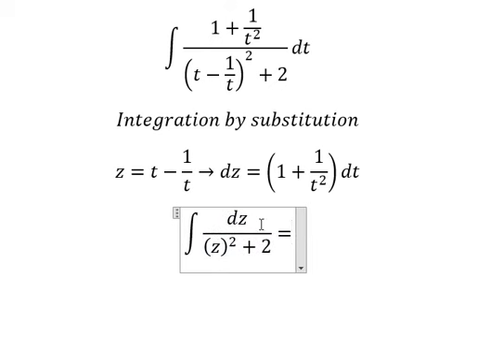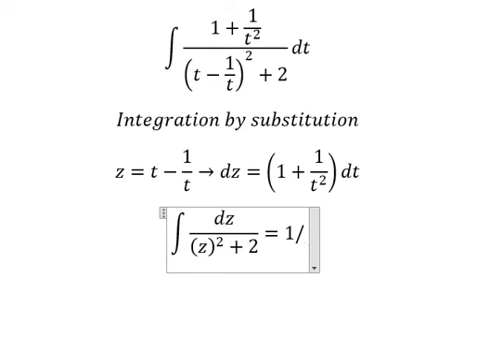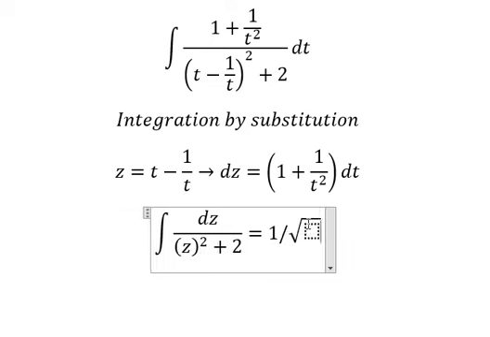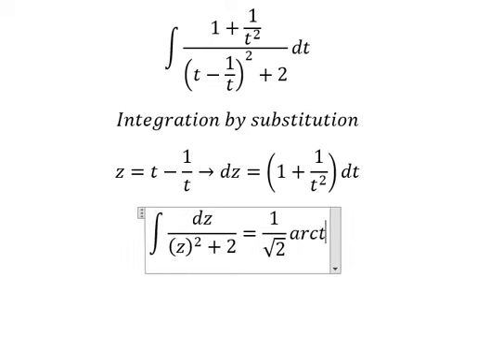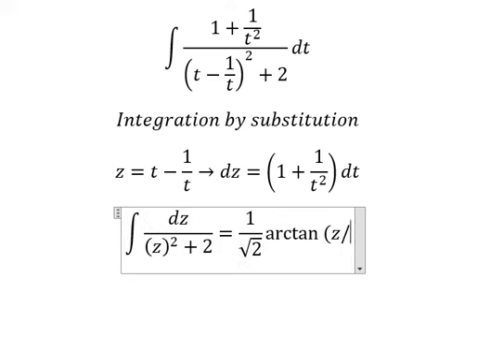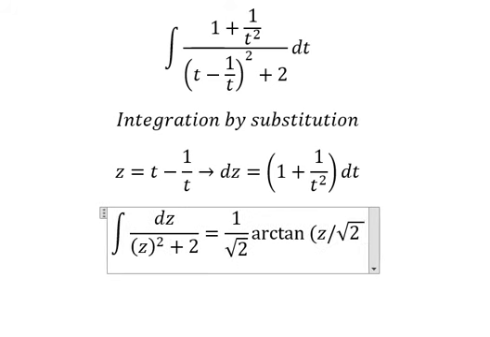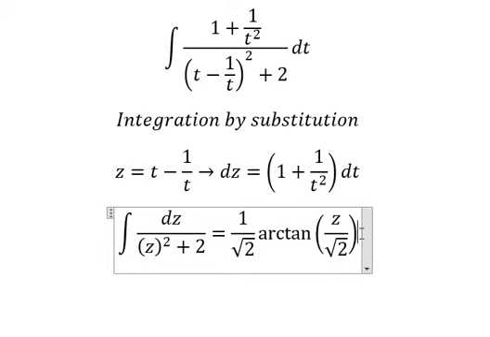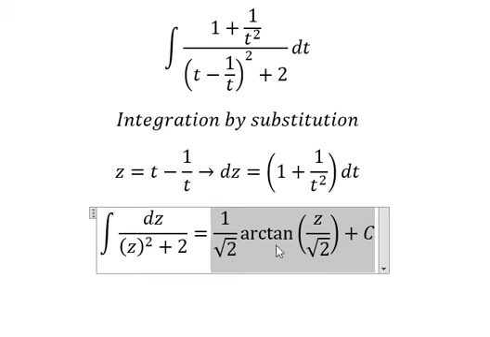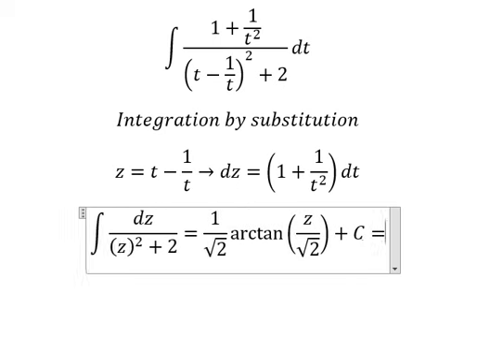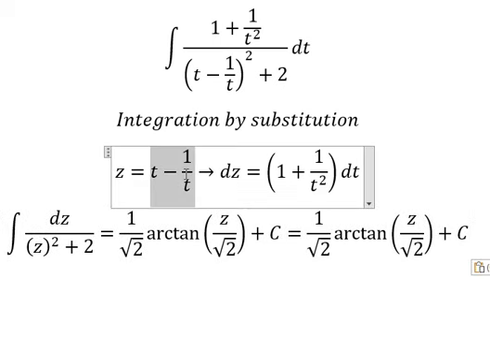So the integration of this one, we have 1 over the square root of 2 arctan of z over the square root of 2. So about z, that is this one.